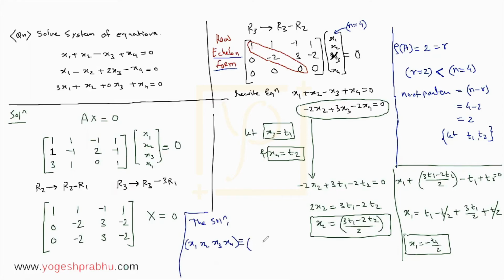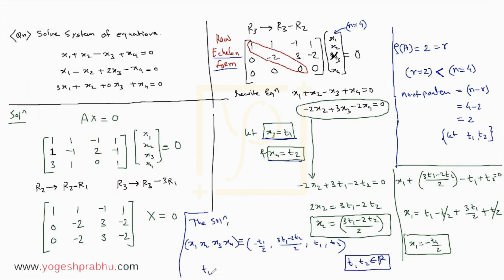And those numbers are: x1 is minus t1 by 2, x2 is (3 t1 minus 2 t2) by 2, x3 is t1, you can see that here, and x4 is t2. So finally, this is the answer we have got. Now there is one point you need to understand, that t1, t2 are basically parameters. So t1, t2 can take any real value. And depending on what t1 and t2 are, you will get different solutions.